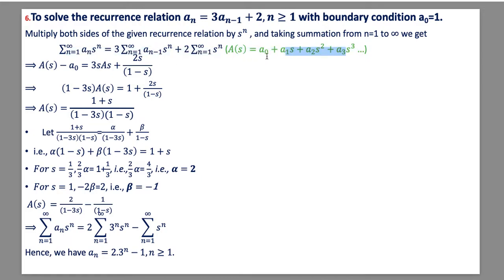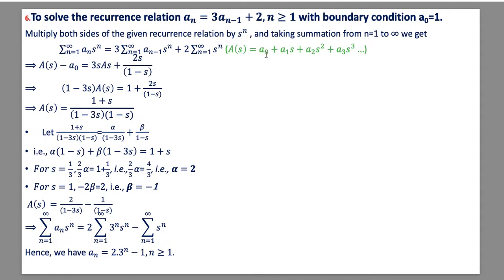So we are left with A(s) minus a naught. For the second case, if we put n equal to 1, we get a naught s plus a1 s square plus a2 s cube and so on.